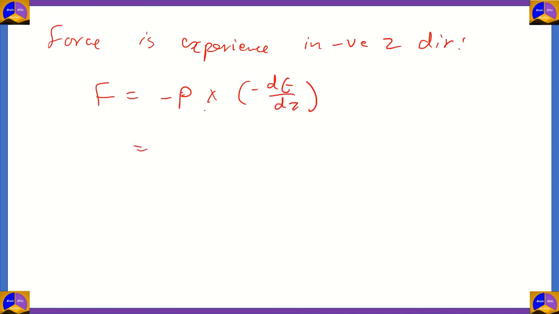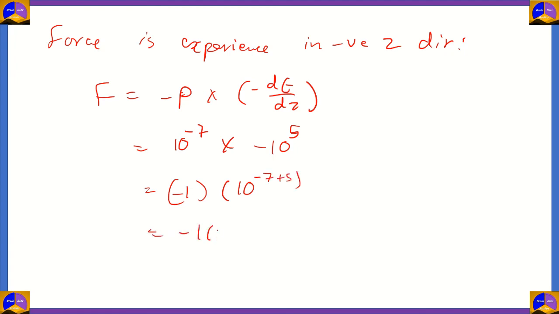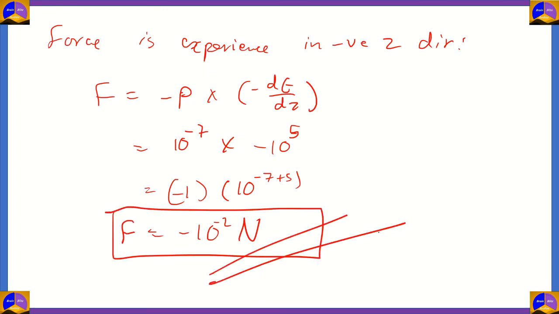The value of P is minus 10 raised to minus 7, and then dE by dZ was 10 raised to 5, so we need to write it as minus of 10 raised to 5. So you have minus 1 over here, and then 10 raised to minus 7 plus 5. Therefore, you get minus 10 raised to minus 2 newtons as the correct answer for this question.